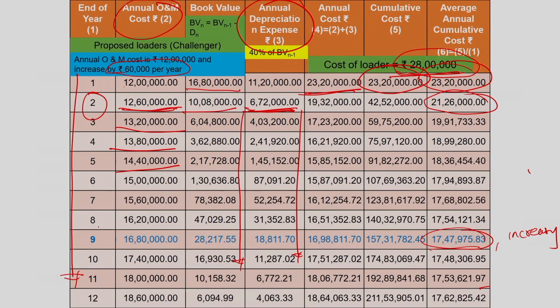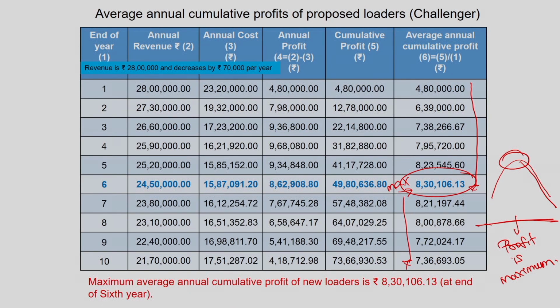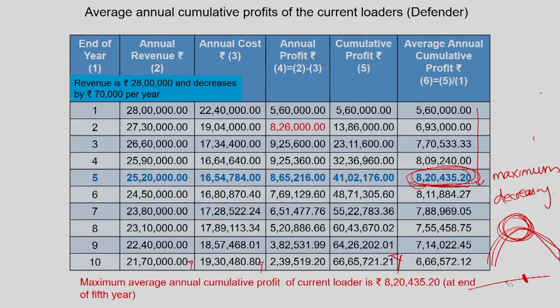So hope you remember, based on the minimum cost method, we found the economic life as the 9th year. But based on the maximum profit method, for the proposed loader, that is the challenger, the economic life is the 6th year, because the profit is maximum in the 6th year. Another thing you have to compare here is the maximum profit for the current loader and the proposed loader. The maximum average annual cumulative profit is 8,20,435.